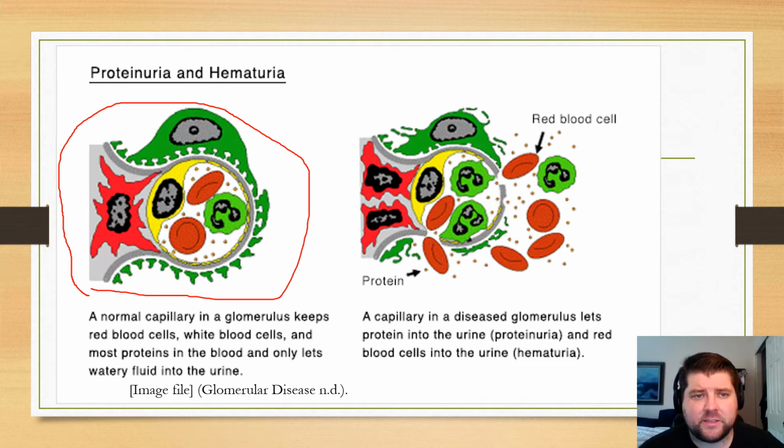And so what happens is we have proteinuria and hematuria, meaning protein in the urine and blood in the urine. You can see here, as those break open, red blood cells come out, proteins come out, and those can be detected using modern medical practices. We're going to be looking into how those are treated and what that really means.